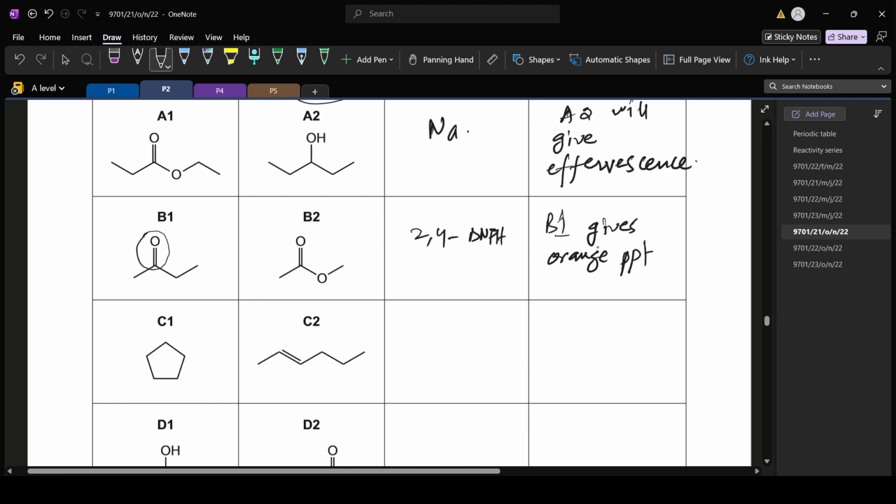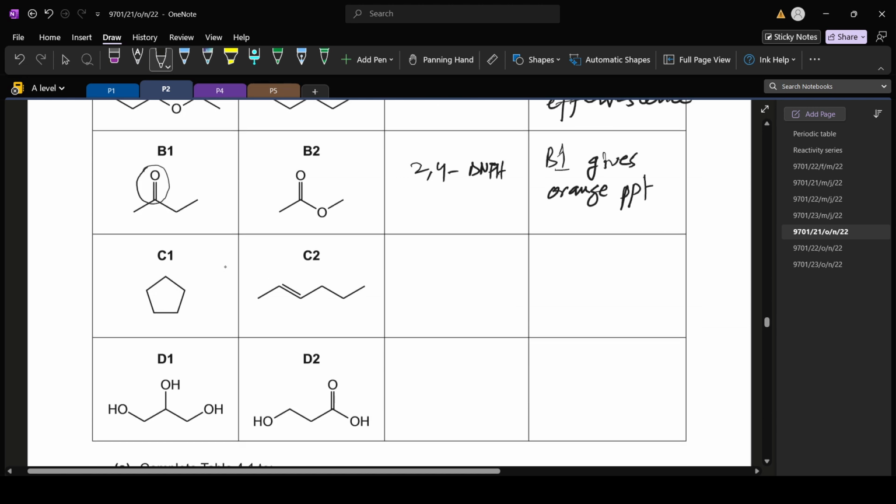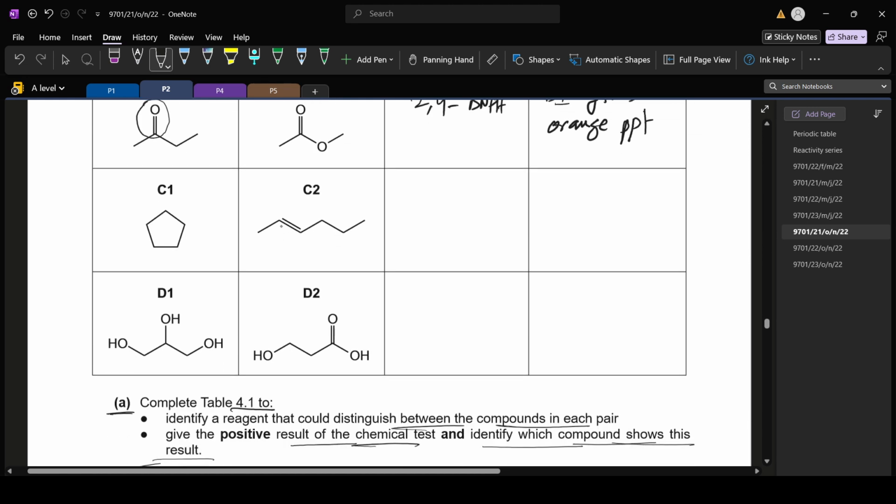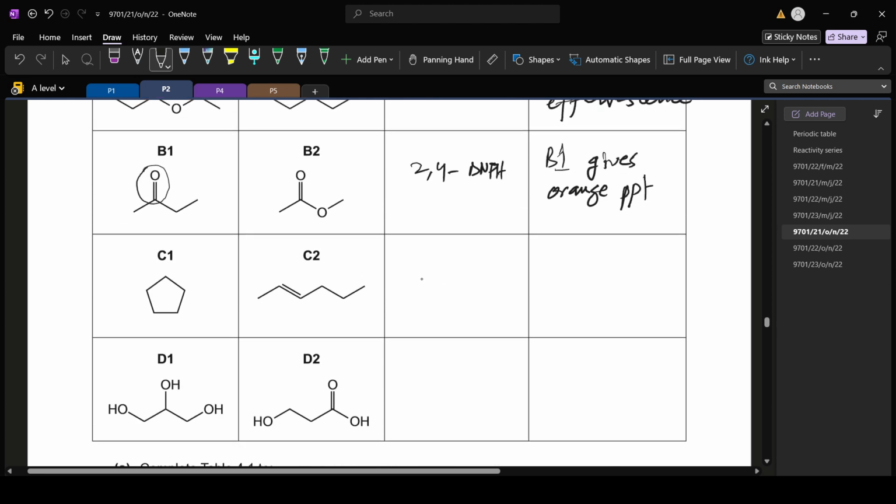Now you have this C1 and C2. There is a double bond, so the double bond will react with bromine water, aqueous bromine. The color of C2 turns the solution to colorless.